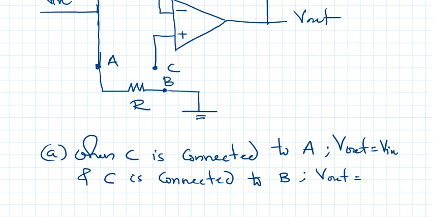That is statement A. When C is connected to A, V out is equal to V in. When C is connected to B, V out is equal to minus V. That is the first statement.